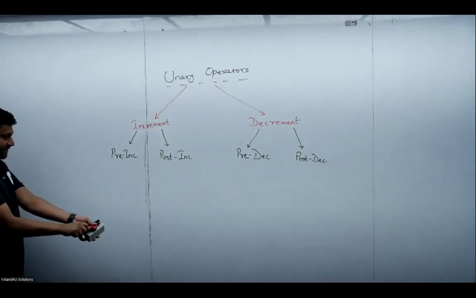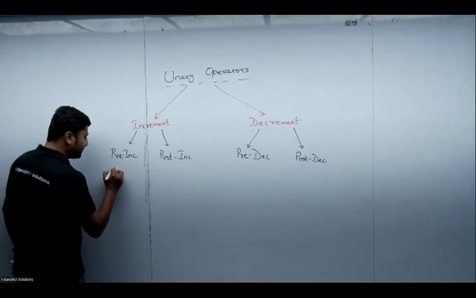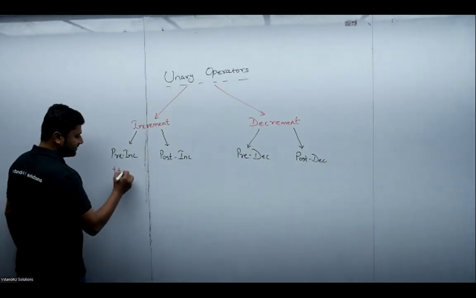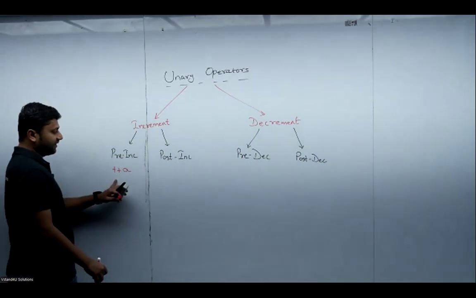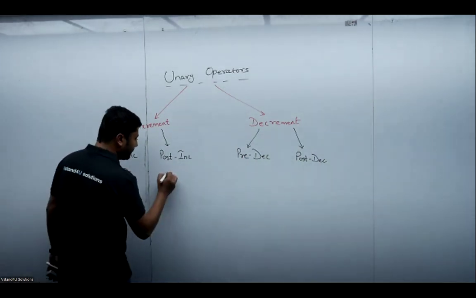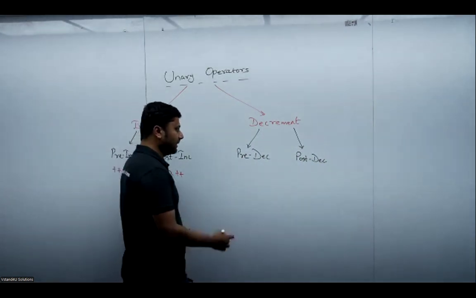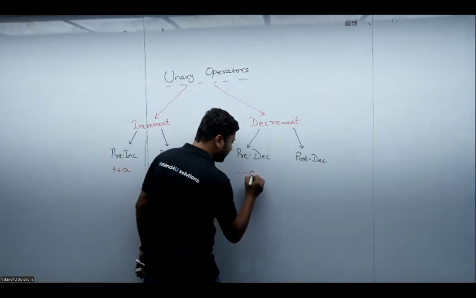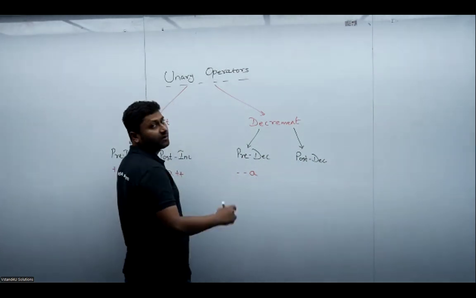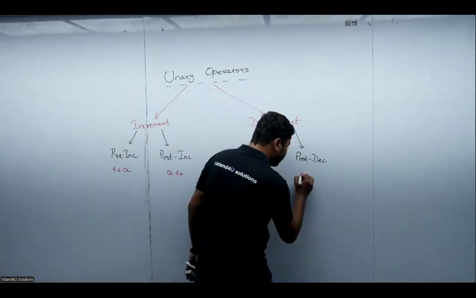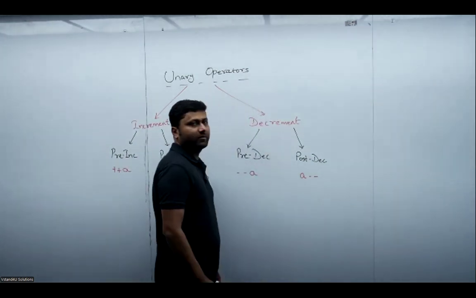Operator symbols are pretty easy. Pre-increment means incrementation plus plus, first the operator will come, then the operand. In post, the operator will come after the operand. In pre-decrement, decrementation will happen before the operand comes. In post, first the operand, then the operator will be there.